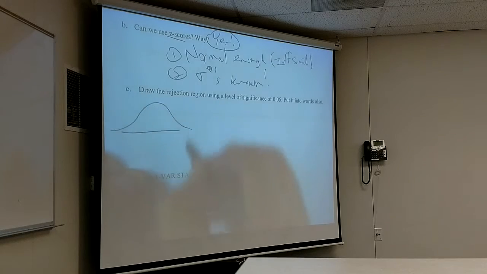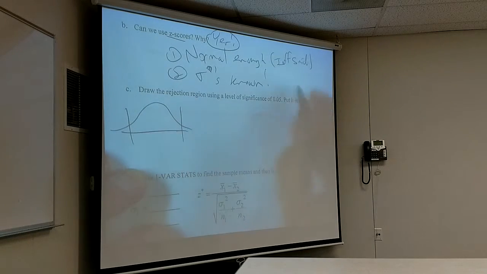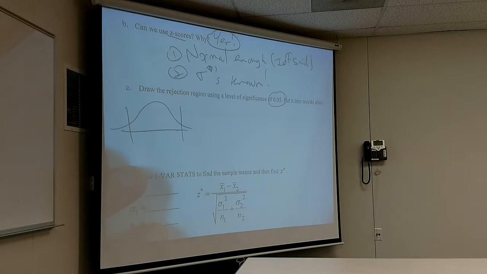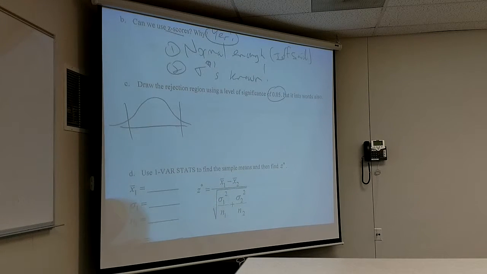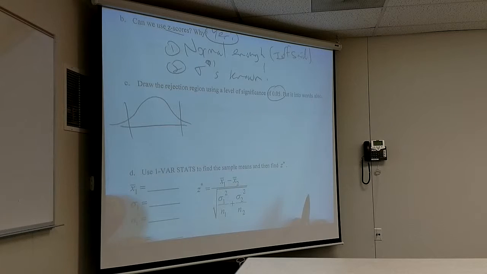Rejection region, 2 tails, 0.05 level of significance. What does it come out to be? Yeah, 1.96.